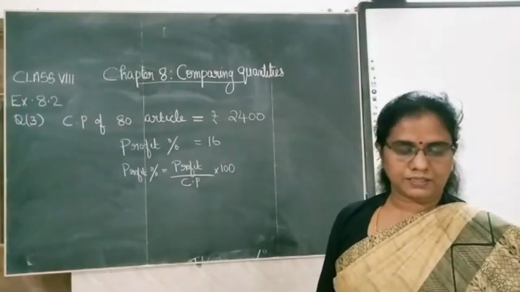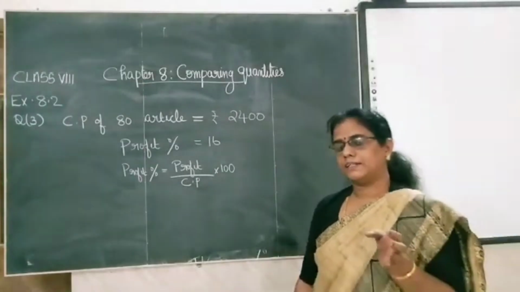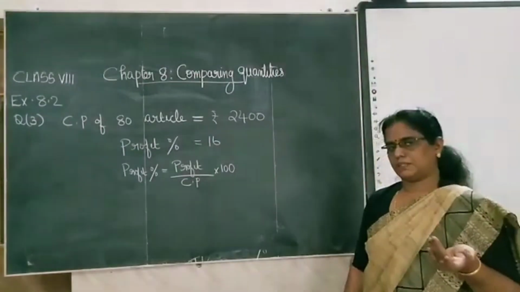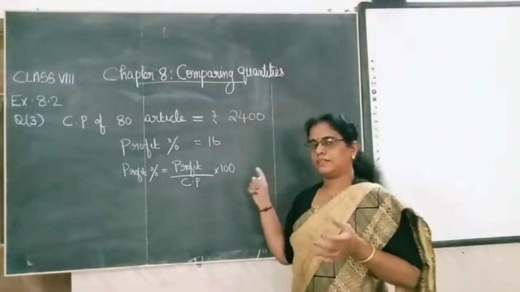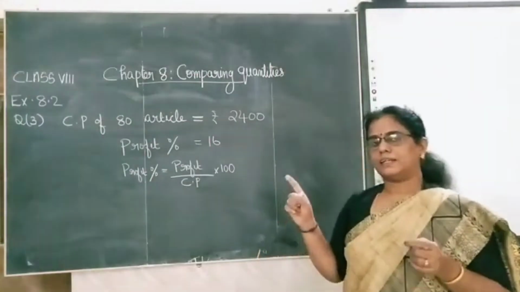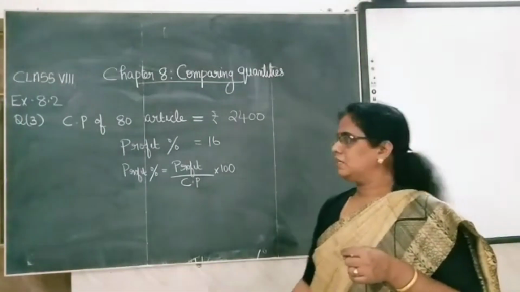So here given is: shopkeeper buys 80 articles means that is the cost price. So cost price of 80 articles. Shopkeeper buys means that is the cost price. Shopkeeper sells means that is the selling price.